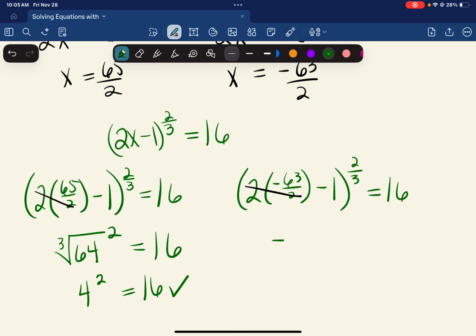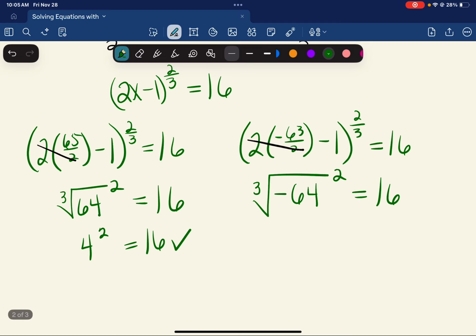So I have negative 64 to the 2/3 power. So that's just the cube root of negative 64 squared should equal 16. Well, what is the cube root of negative 64? The cube root of negative 64 is a negative 4. We've got to square that, and it should equal positive 16. Well, when you square a negative, it becomes positive. So that is true as well.